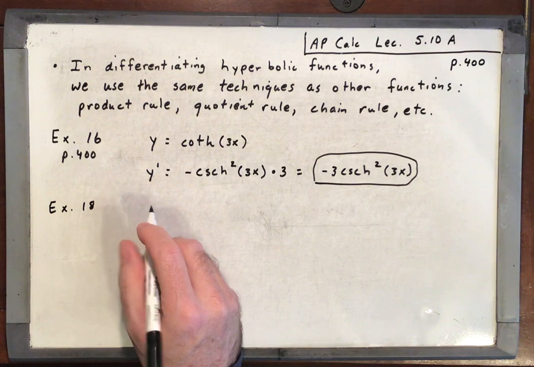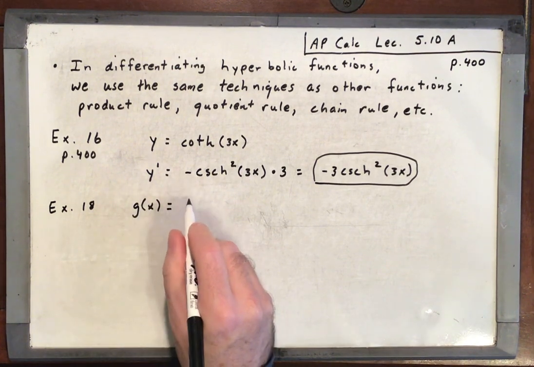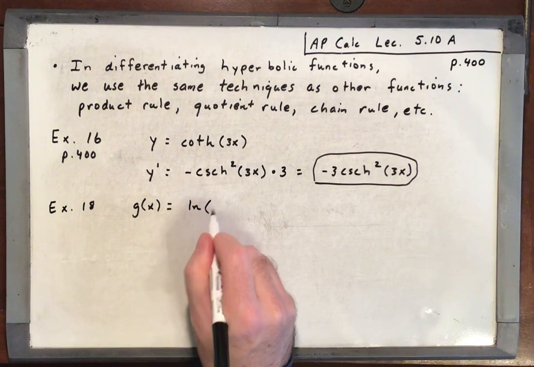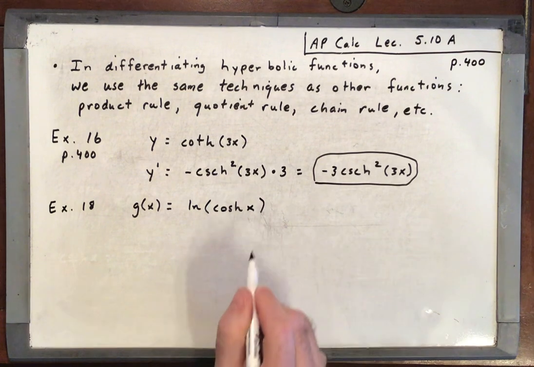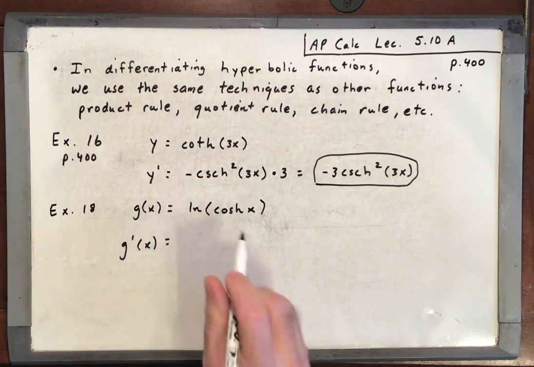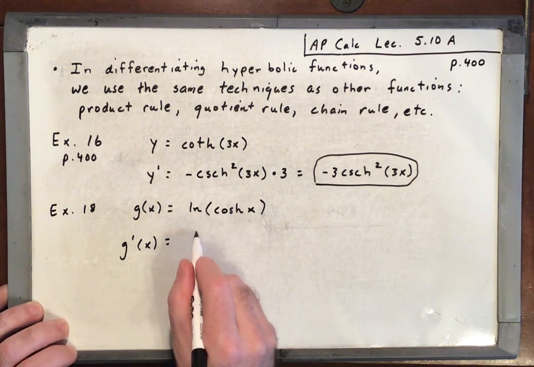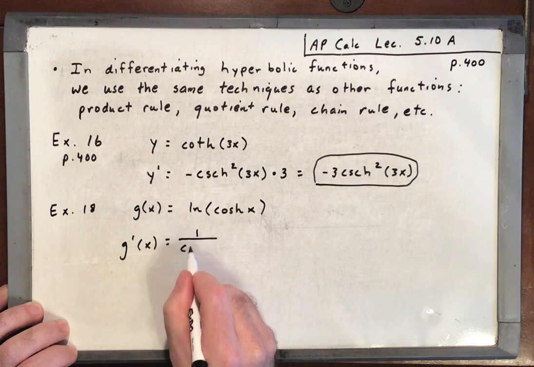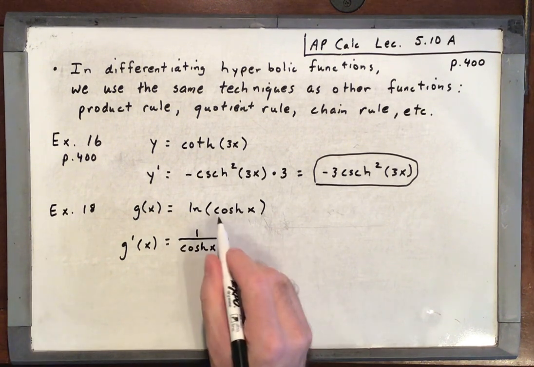All right, example 18. We have g of x is equal to the natural log of hyperbolic cosine of x. So g prime of x is equal to, okay, how do you take the derivative of a natural log? 1 over the blob. 1 over hyperbolic cosine of x times the derivative of the blob.